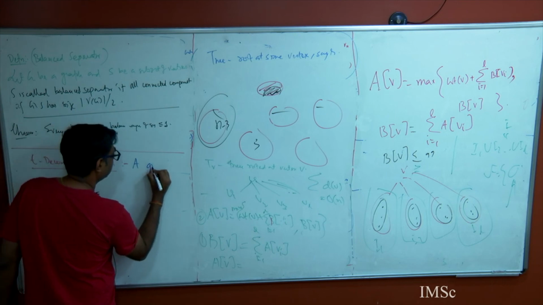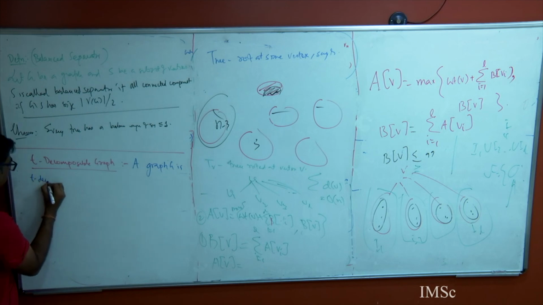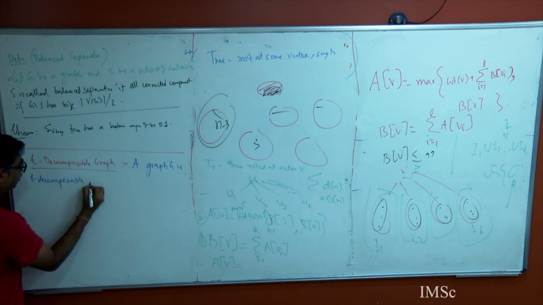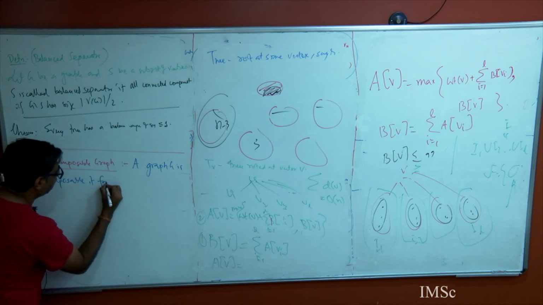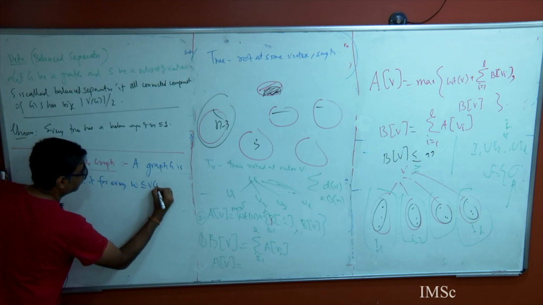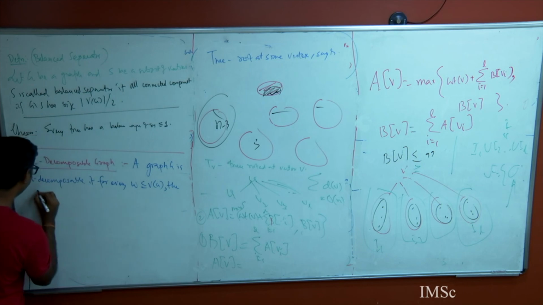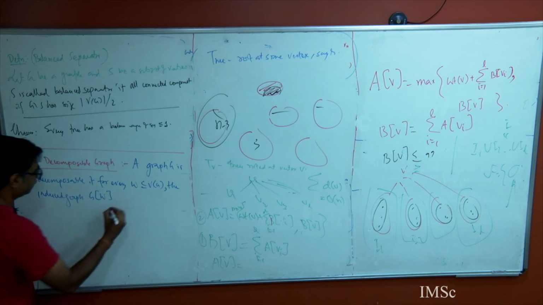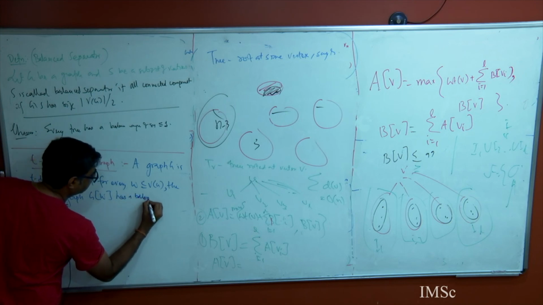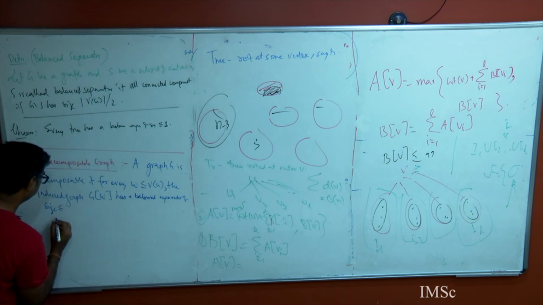So a graph G is t-decomposable if for every W subset of V(G), the induced graph G[W] has a balanced separator of size at most t.